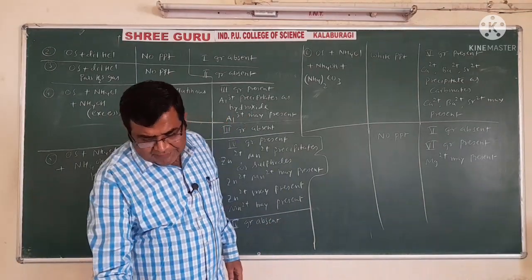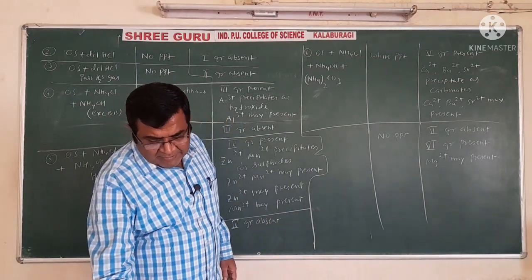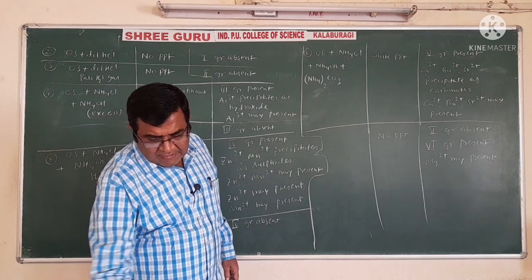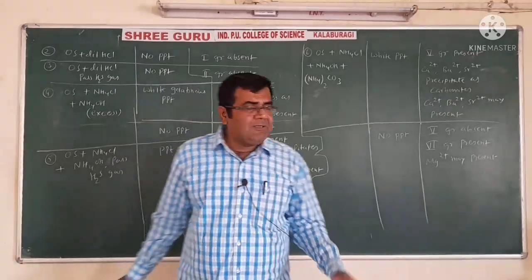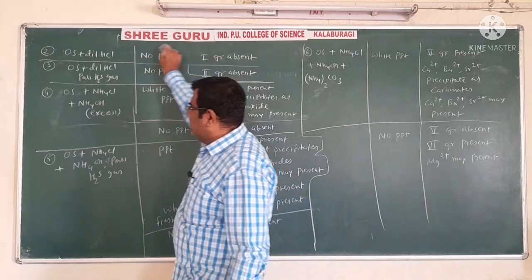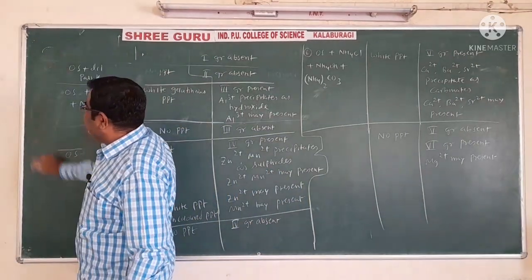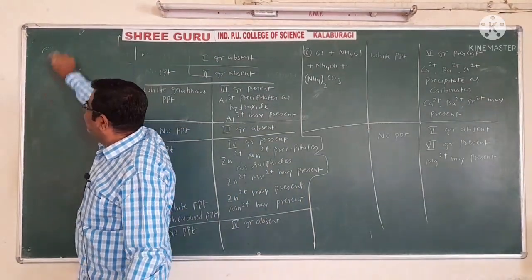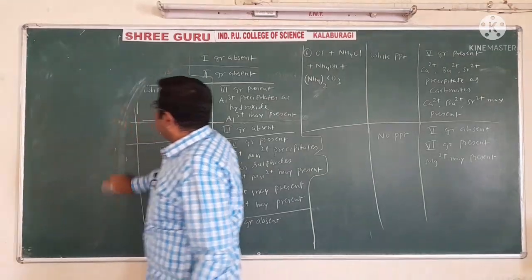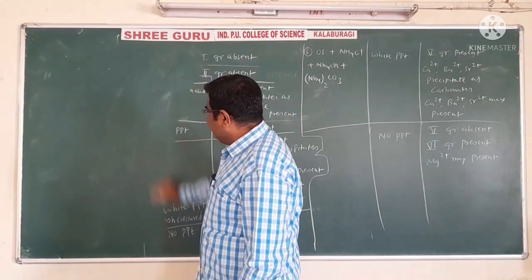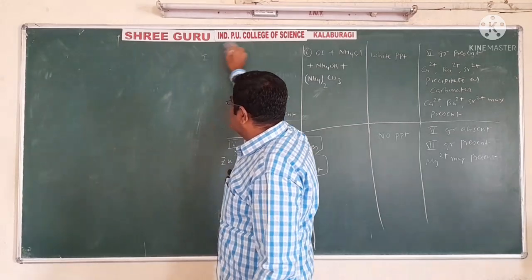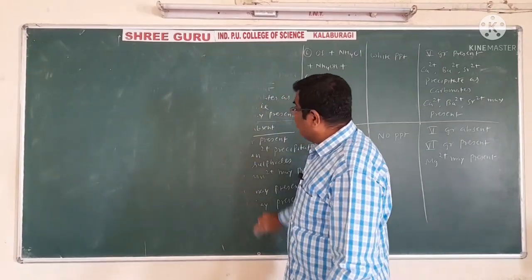So we have to go ahead and see the confirmatory test for all these radicals. I will rub this part out again because I have to write the CT here. These lectures are only useful if you are revising with me, writing this chart with me or before me.